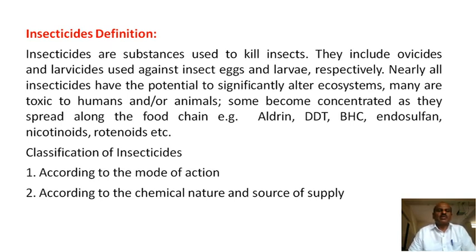Many toxic insecticides also affect humans and animals in very high concentrations, and they can spread along with the food, which may cause harm. Insecticides also have some side effects on the ecosystem.